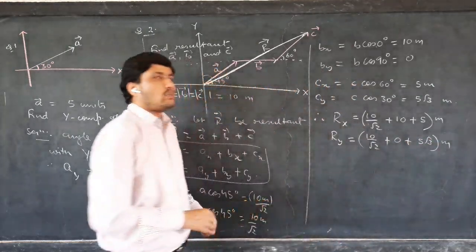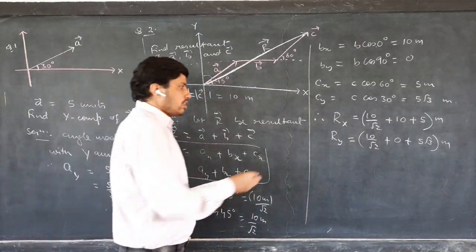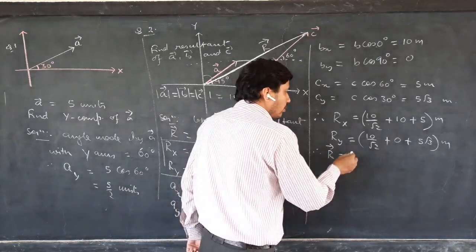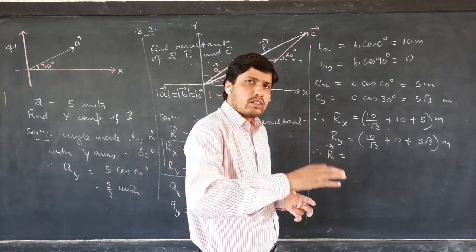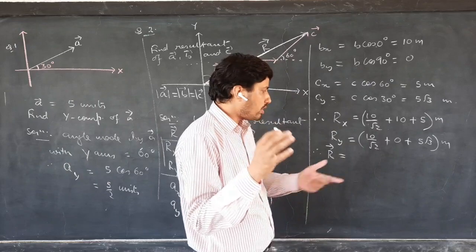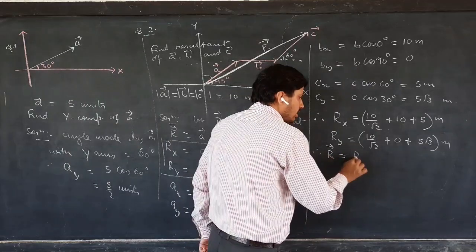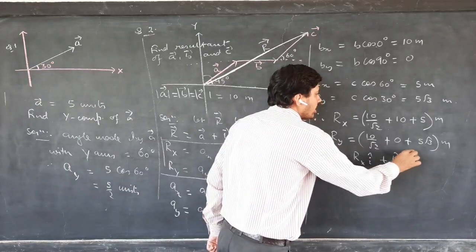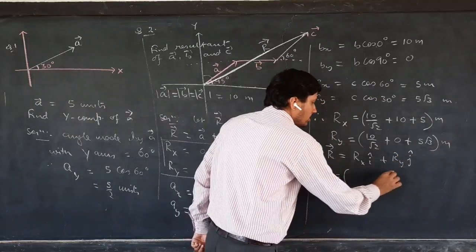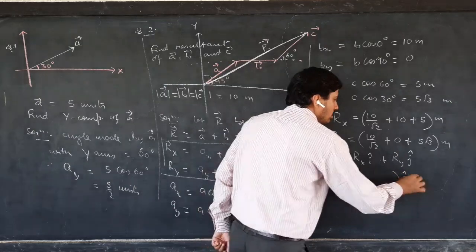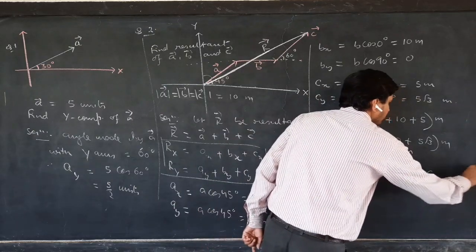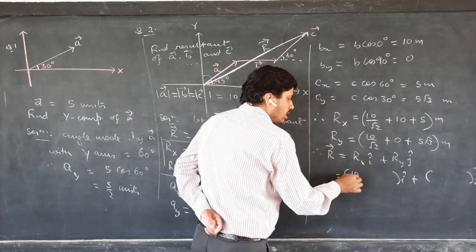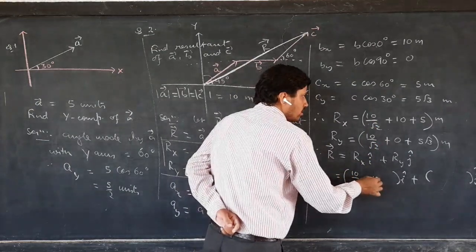So these are the x and the y components of the resultant. So therefore, our answer will be the resultant vector. We know any vector can have components along the x and y axis, Rx and Ry in this case. So we can write that vector as Rx i cap plus Ry j cap. So our entire answer becomes something into i cap, something into j cap, where this something is nothing but Rx, which we have calculated over here, 10 upon root 2 plus 10 plus 5.